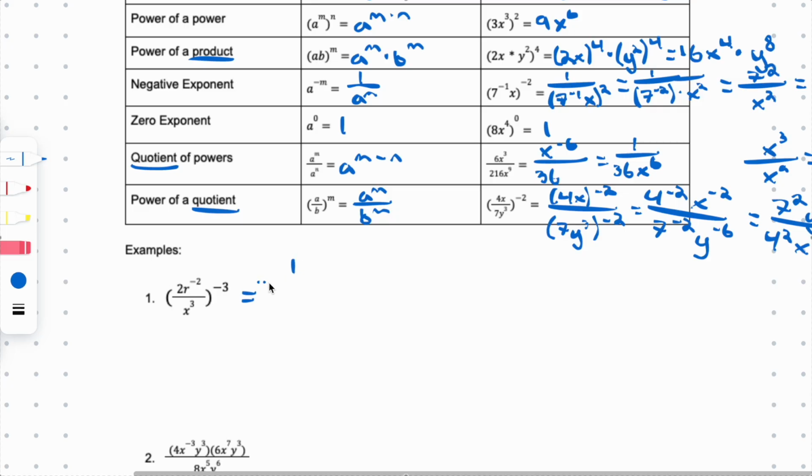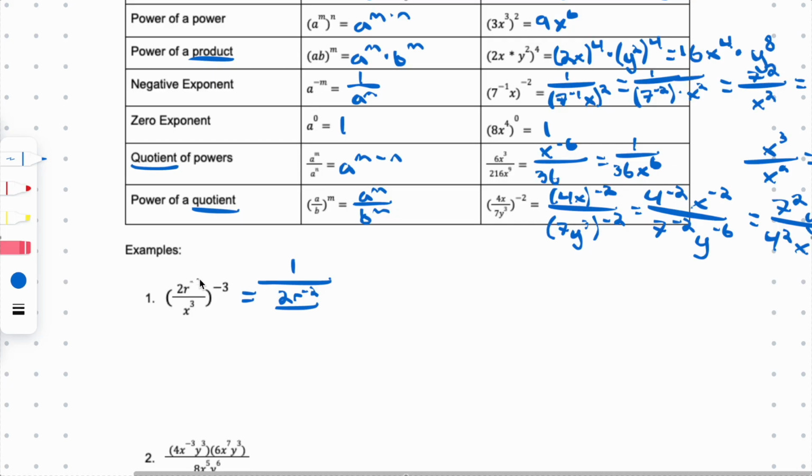So essentially, if we're doing 1 over something, in this case it'd be 1 over 2r to the negative second, or no, you know what, I'm going to switch this up.